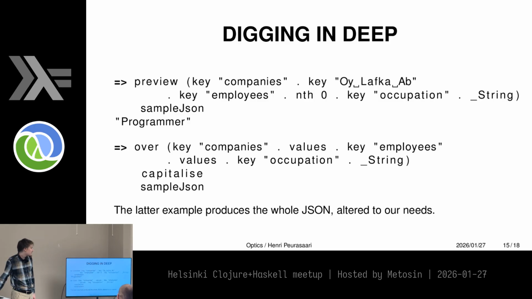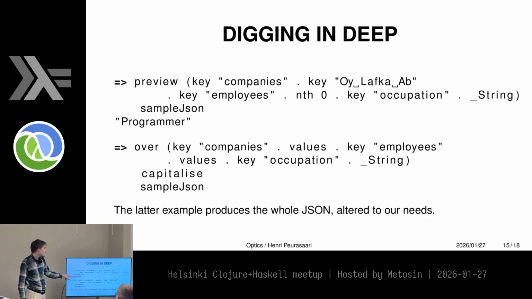Well, we can change things too. And this is a little bit more complex since we are using over, which gets the values, applies a function to them, puts them back in, and serializes it all back.